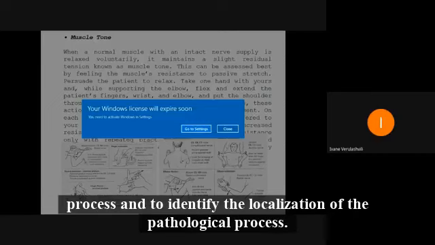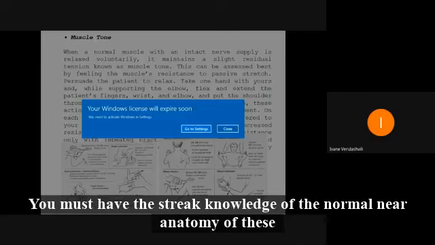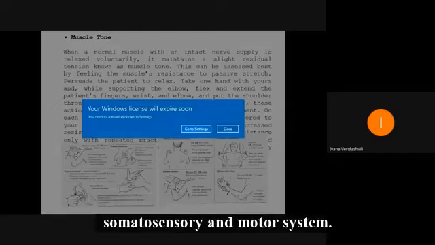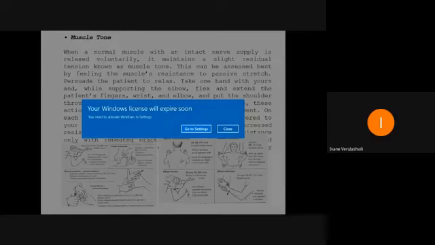And to identify the localization of the pathological process, you must have strict knowledge of the normal neuroanatomy of these pathways and structures, which are the main structures of this somatosensory and motor system.